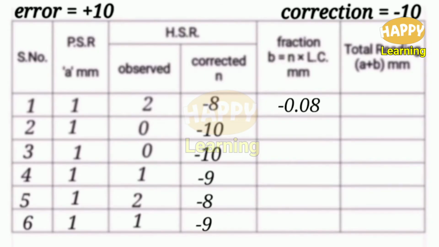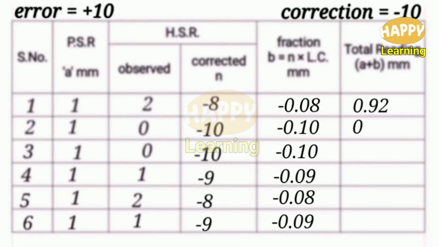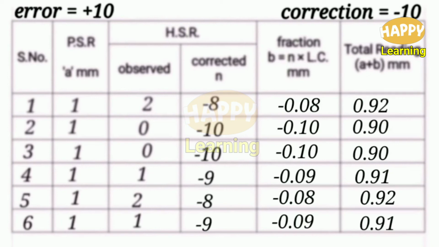Minus 0.08, minus 0.10, minus 0.10, minus 0.09, minus 0.08 and minus 0.09. Then the total readings will be 0.92, 0.90, 0.90, 0.91, 0.92 and 0.91.